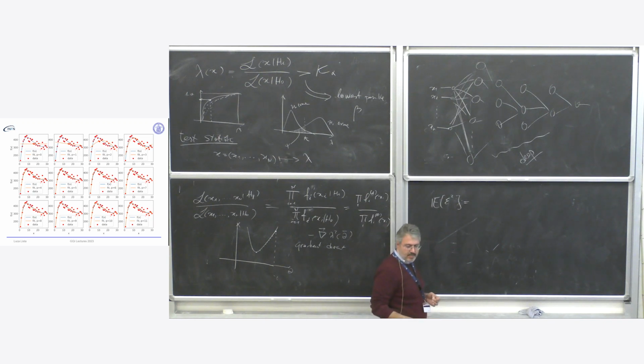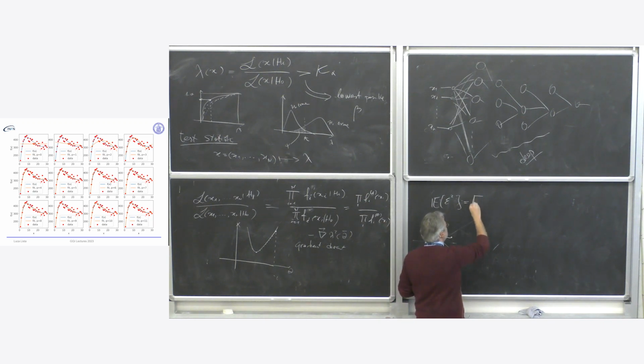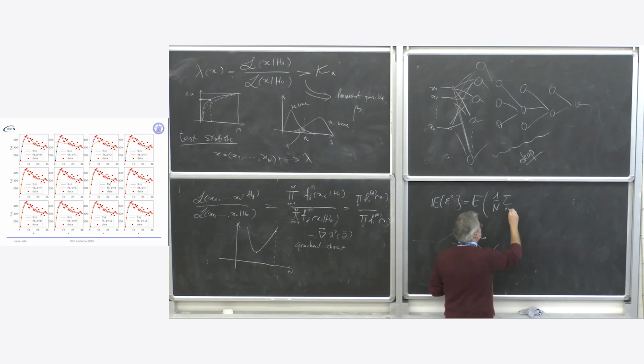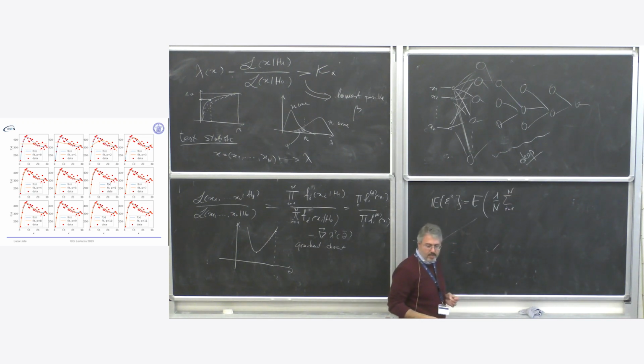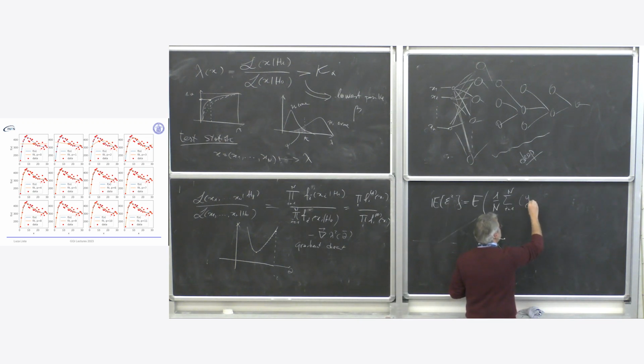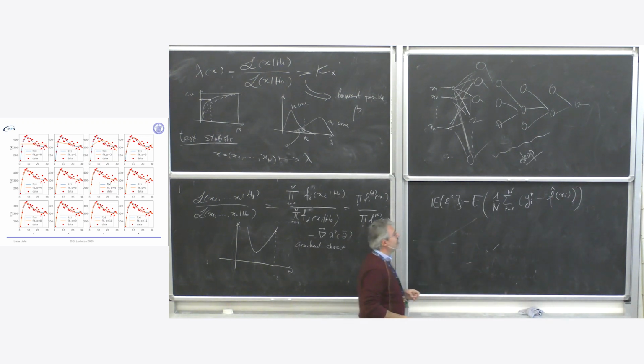And this is the expected value of 1 over n, and we sum from i equal to 1 to n of y sub i star, the vertical position of the point, minus the function that you fit from your points, okay? So if you wish, this is the function fitted at the point x sub i.